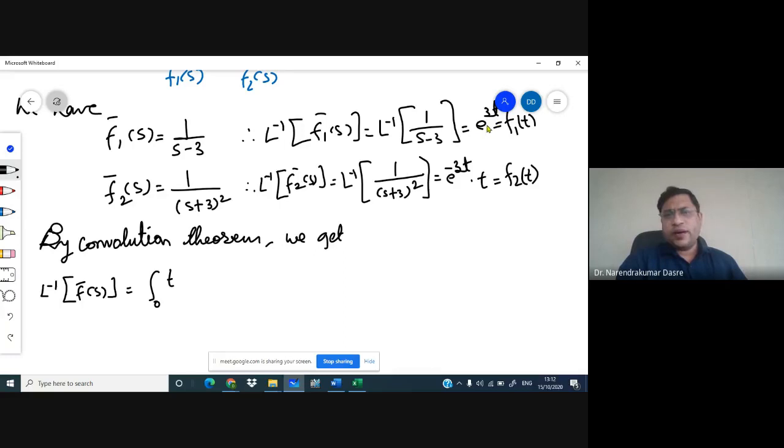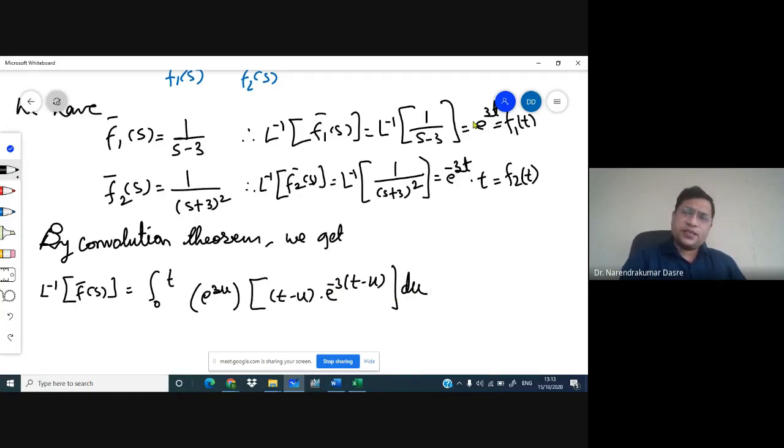Here I have to replace t by u in the first. So the first function is e raised to 3u, and the second function is t minus u into e raised to minus 3 into t minus u, du. In the first function I have replaced t by u. In the second function I have replaced t by t minus u.